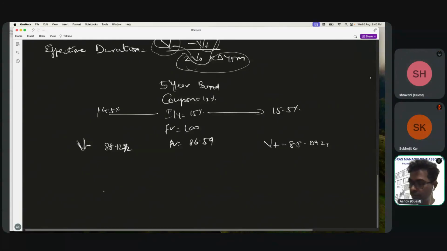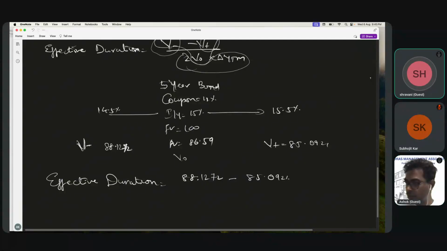So now we will plug in the numbers. This is V0. Now effective duration: V minus is 88.1272 minus V plus is 85.0921, divided by V0, which is 86.59, into 2 into YTM.